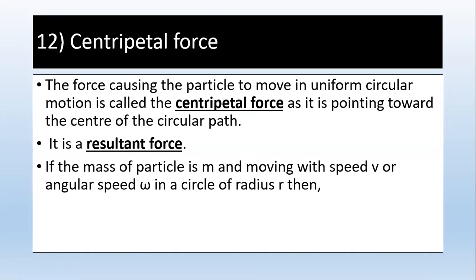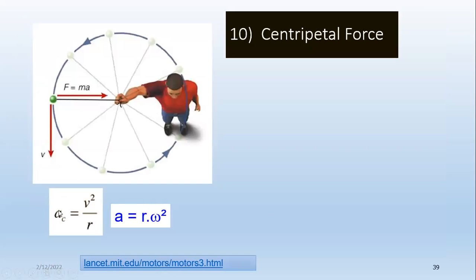So if it has a mass m and is moving with a speed v, angular velocity omega, in a circle of radius r, then the resultant force is from Newton's second law. That's the acceleration. Either formula, the direction of acceleration is that of the velocity.